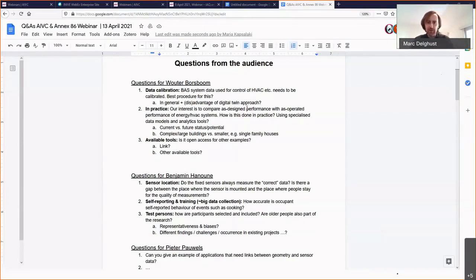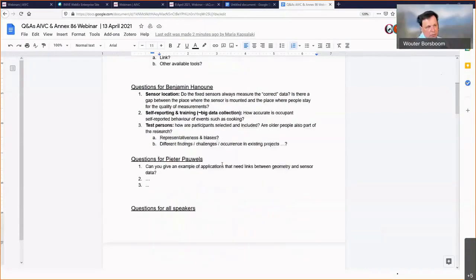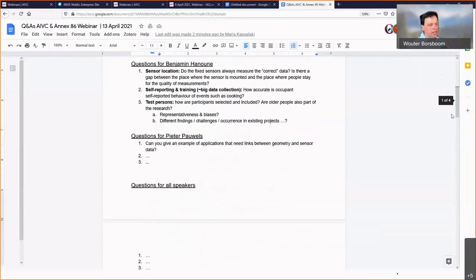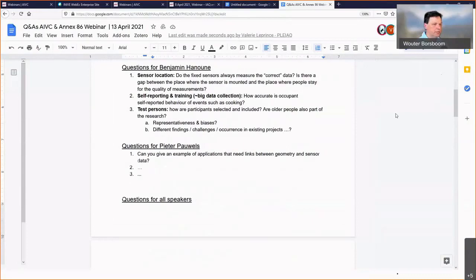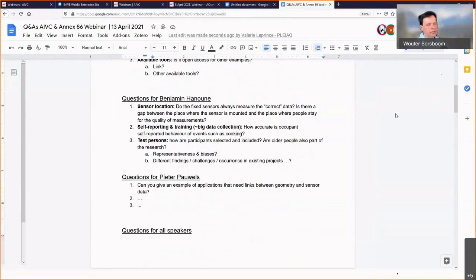What I also try to analyze is how much information is in the data, because the amount of information in the data limits the detail of your analysis. It doesn't make sense to have a very detailed analysis with a multi-zone model if you only have very limited information. And it is not about measuring every second, but also where you measure and the quality of the sensor.